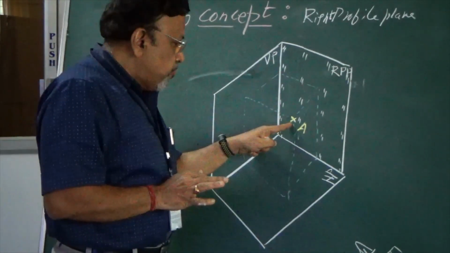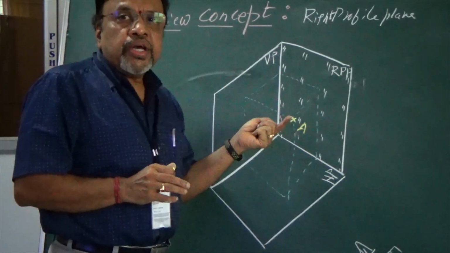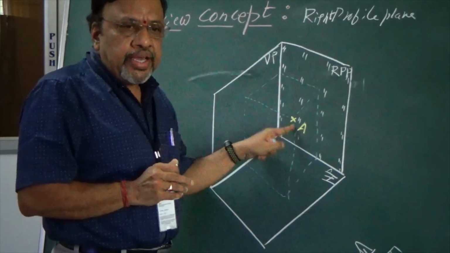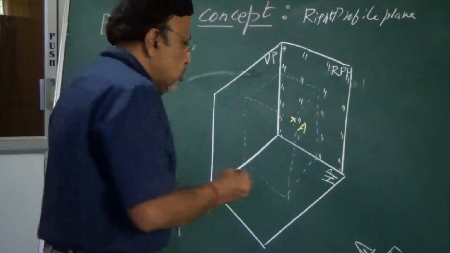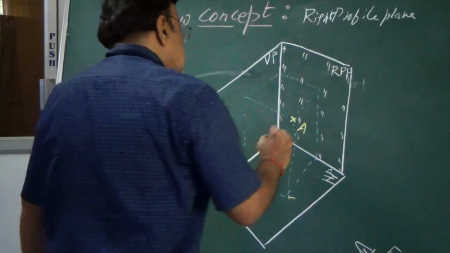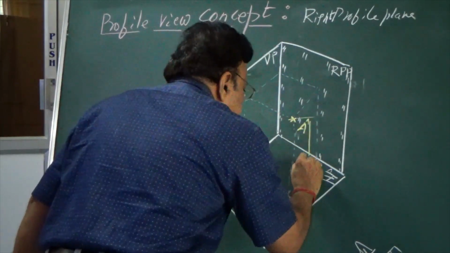As you can see, this point A is above HP and it is in front of VP. That is to say, this particular point A is in the first quadrant. So now again let me mention the distances. This particular point is above HP by a distance equal to H.